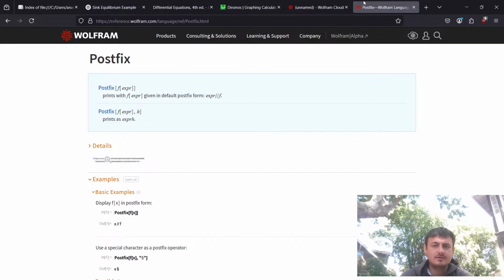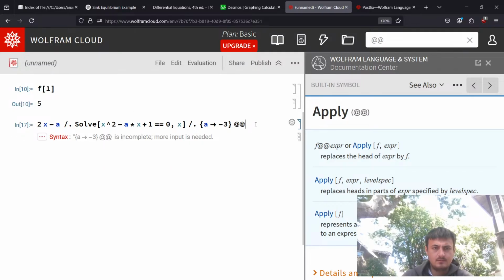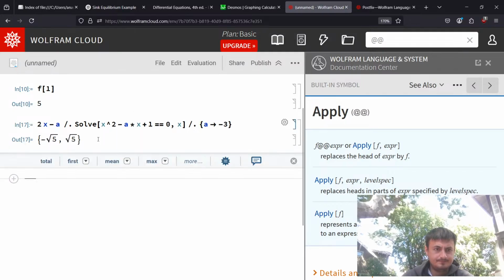I think I can just do this. I can do 2x minus, and then I put this in parentheses maybe. Is that actually true though?